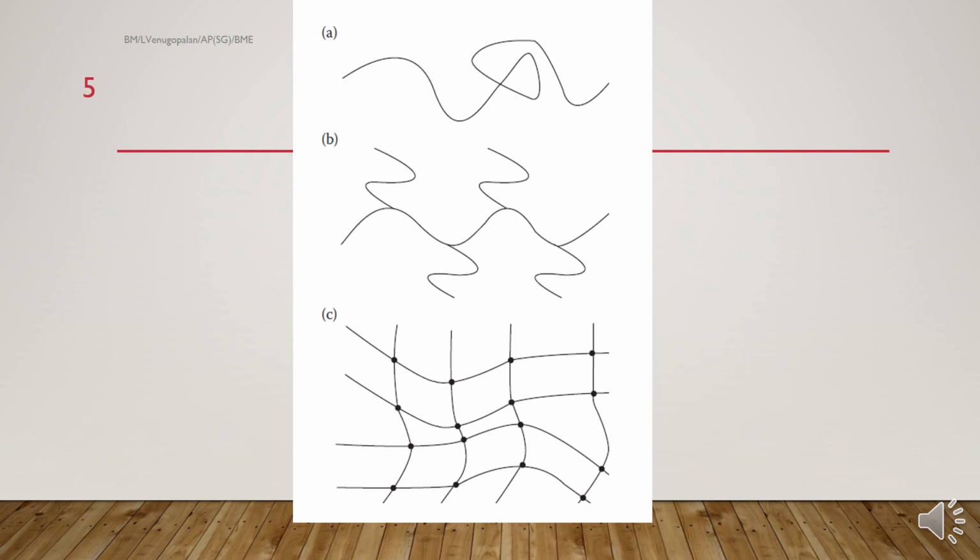The cross-linked polymer is probably stronger when compared to the other two. But it basically depends totally upon your application, exactly what you want out of these polymers.